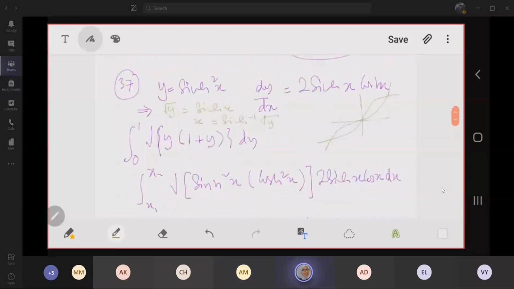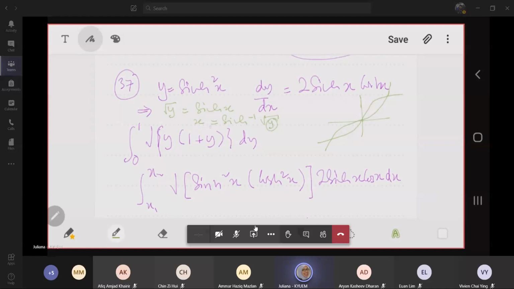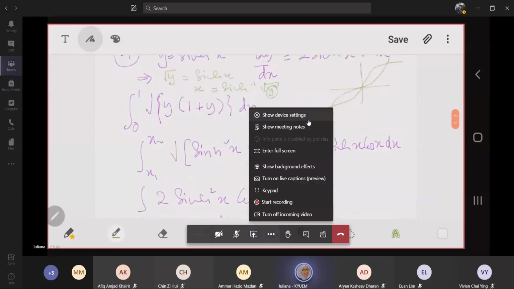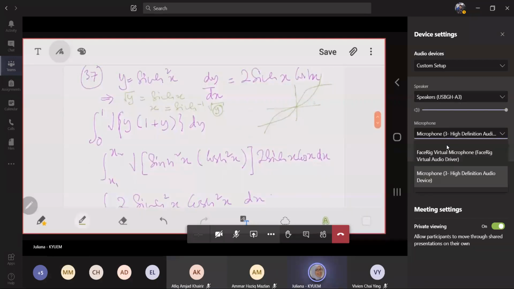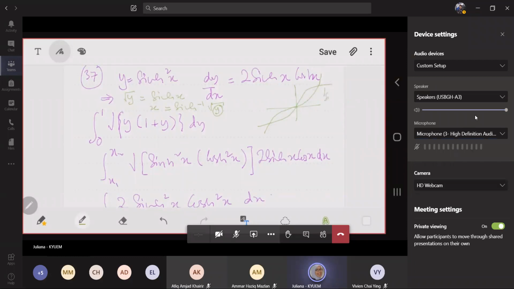So when y equals 1, x is equal to what? This is the sine inverse.